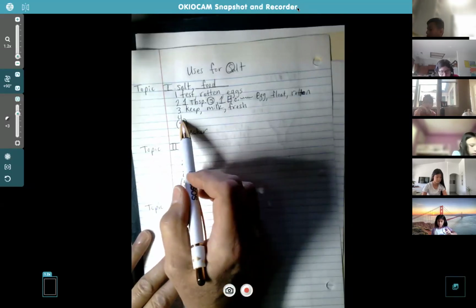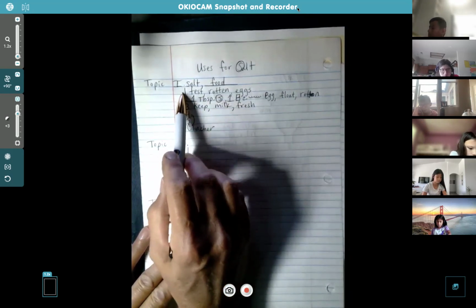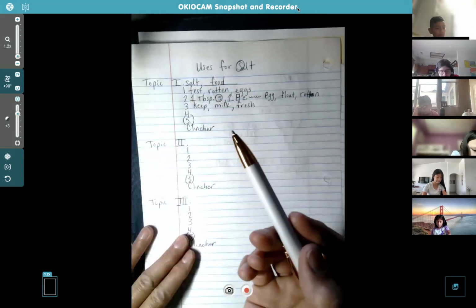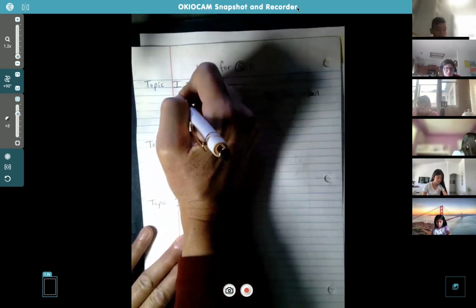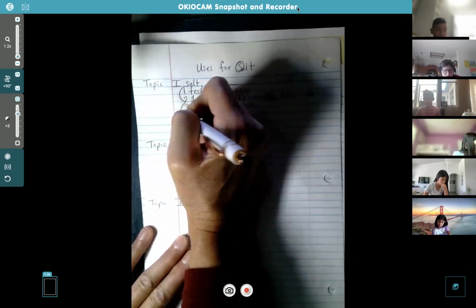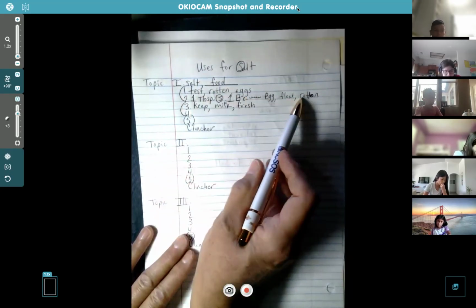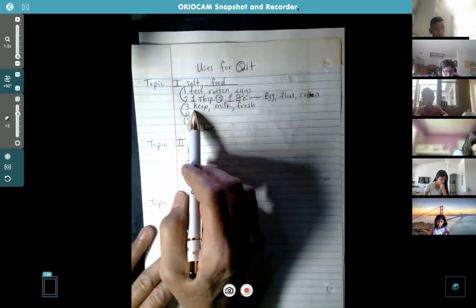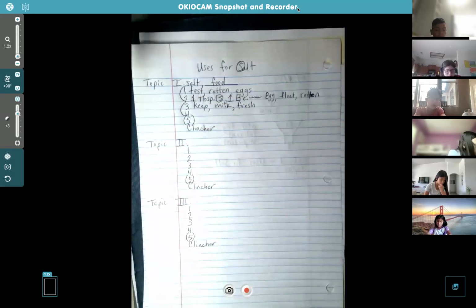So for number 4, we're going to show how. You see how I'm using 2 numbers here to explain something? You're going to group these together, like 1 and 2, they go together. And then 3 and 4, they go together. So this is about the rotten eggs and then how to decide if your egg is rotten. And then this one's about keeping milk fresh and how to keep milk fresh. You see that?